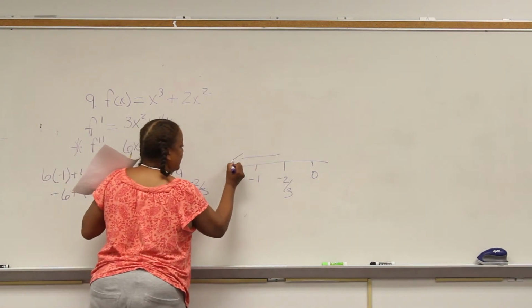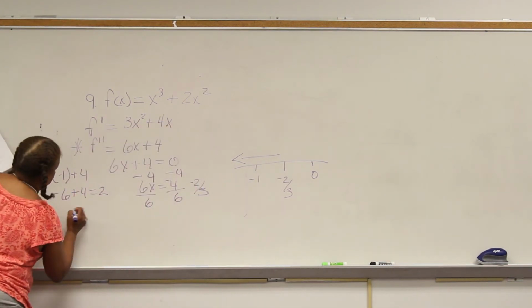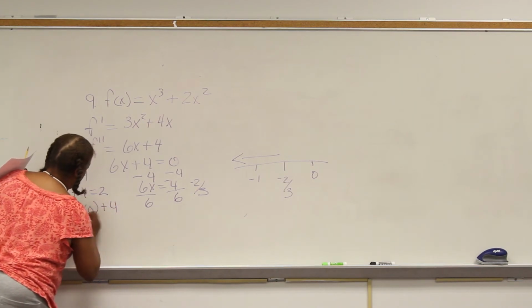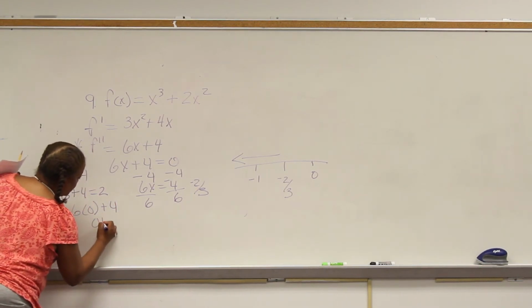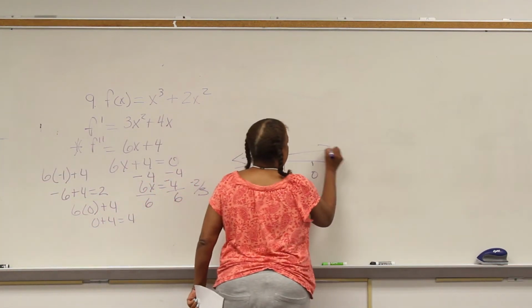So any number going this way is going to be negative. So if I put the 0 in, 0 times 6 is 0 plus 4 is equal to 4, and that's positive.